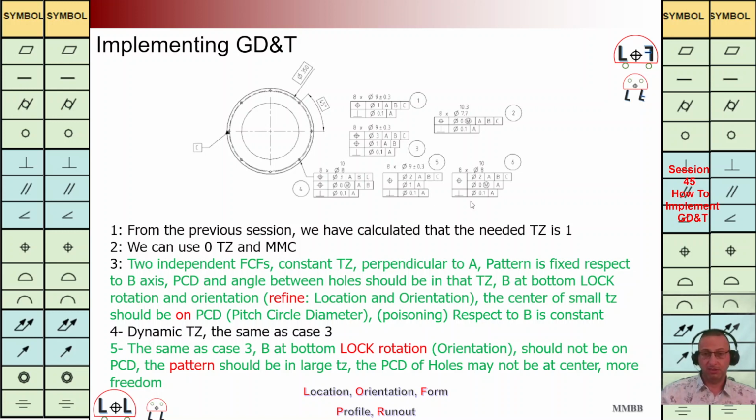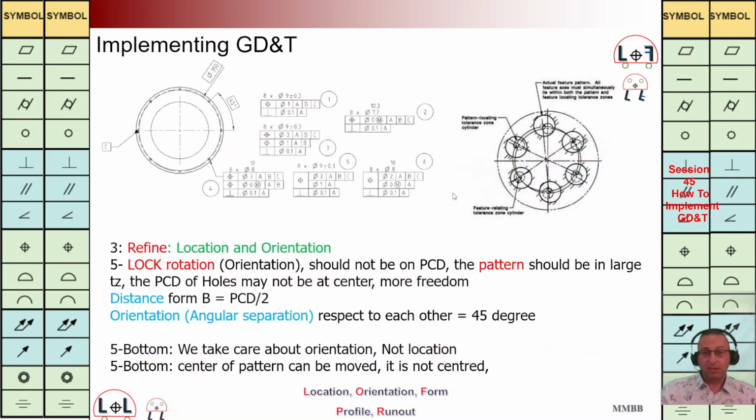What does it mean? It means the center of this pattern may not be at the center of this axis. It may not be located at datum axis B.